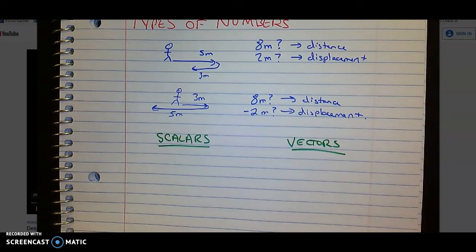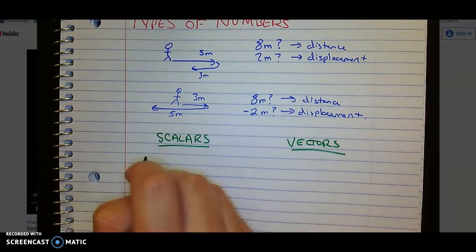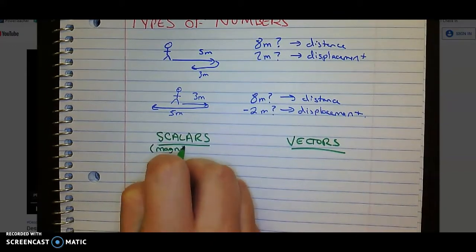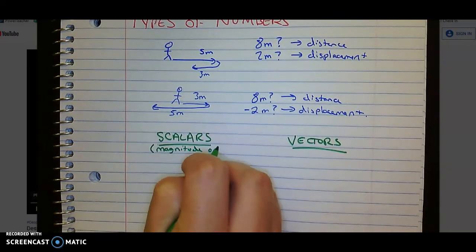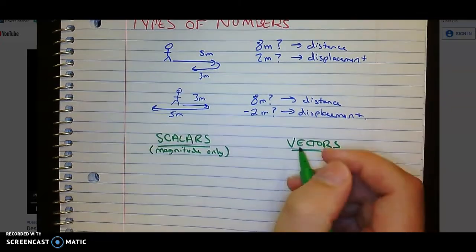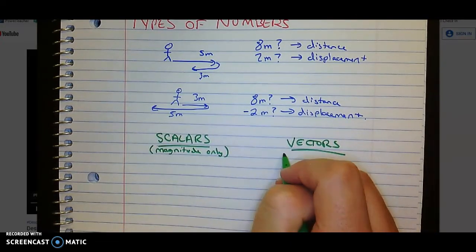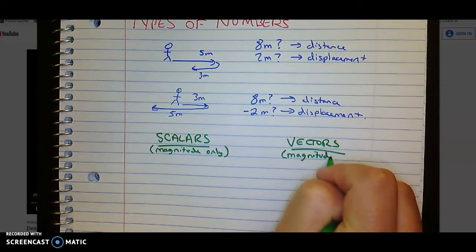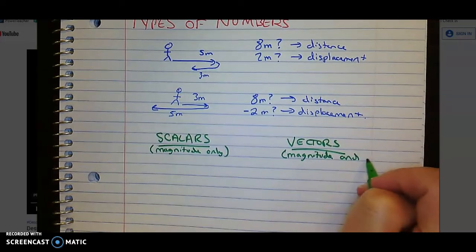Now, scalars are numbers like you're used to seeing. So 3 meters, 5 meters, 8 meters. Those are examples of scalars. Scalars are going to be a number that have magnitude only, as opposed to vectors that are going to be a number that have magnitude and direction.